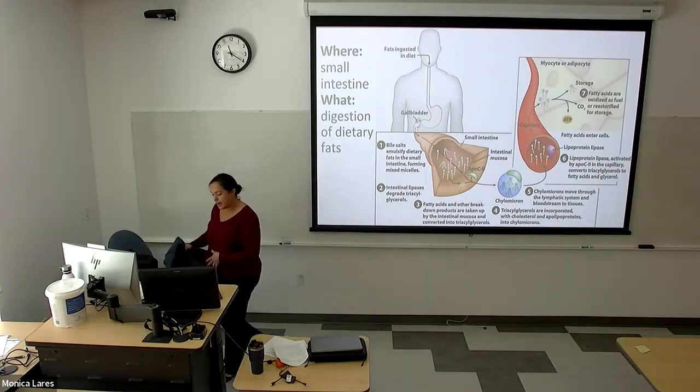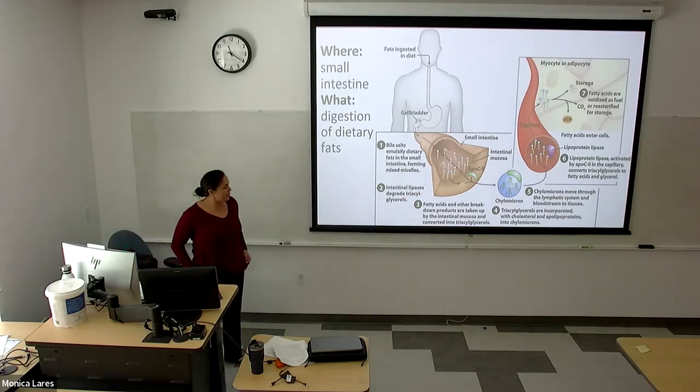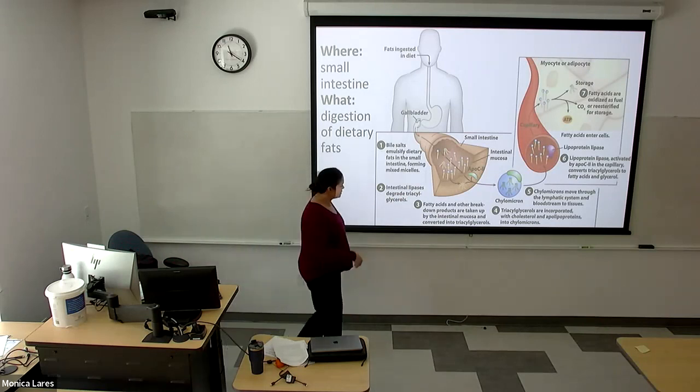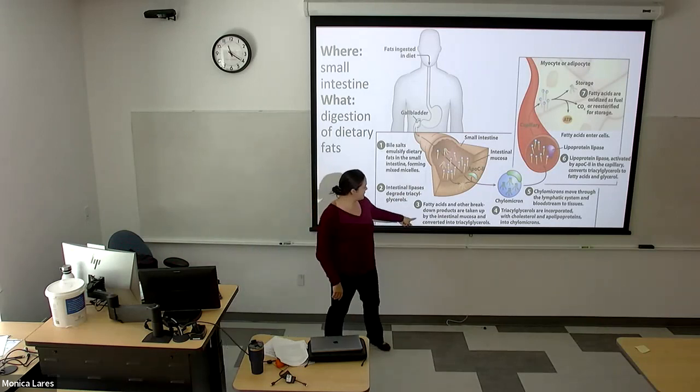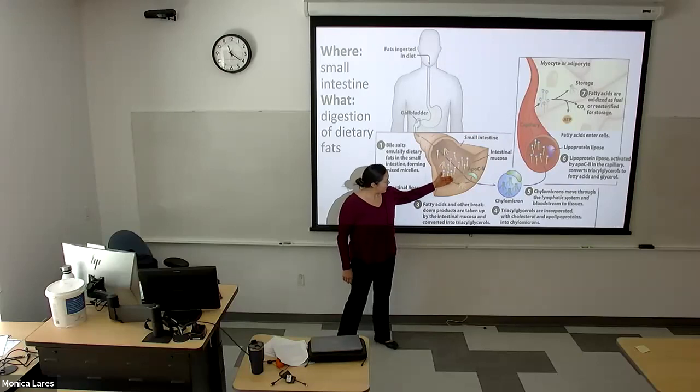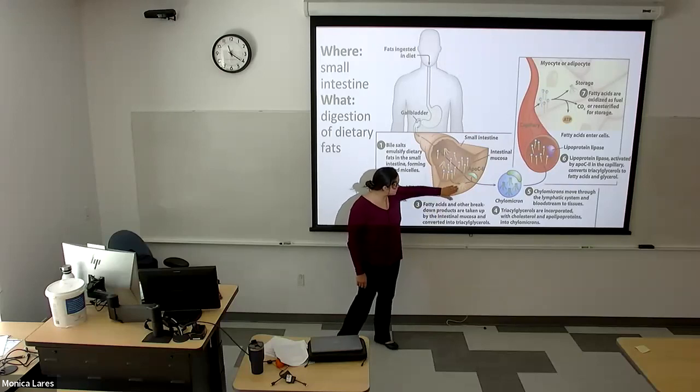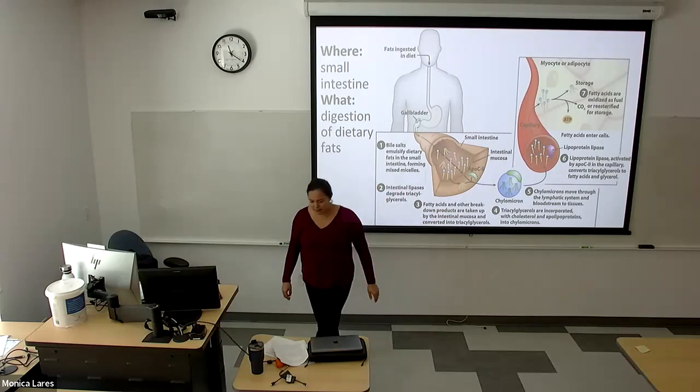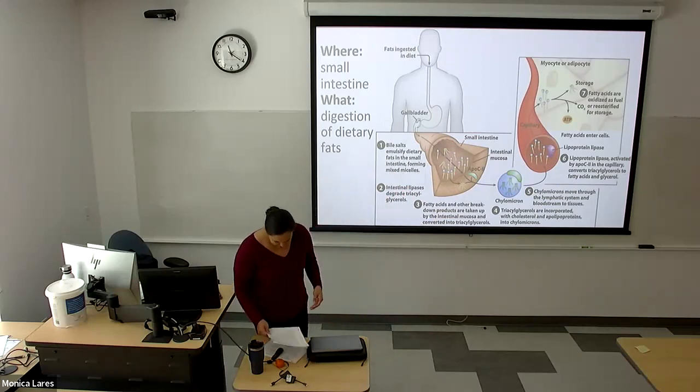So they break it down, and now that they're a little bit smaller, they're not 3 fatty acids tucked into glycerol. They can be taken up through the small intestine, okay, the intestinal mucosa, so they can pass that lining. And then they get converted back to triacylglycerols. Okay, they get converted back.